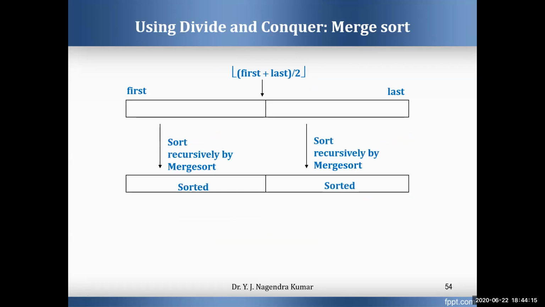So merge sort is using the divide and conquer methodology. First you have to take an array. First always points to the first element, last is pointing to the last element. You take the middle element so that you will get two parts, a left part and a right part. You perform this divide and conquer algorithm on the left side part and the right side part, and then finally you have to sort those elements.